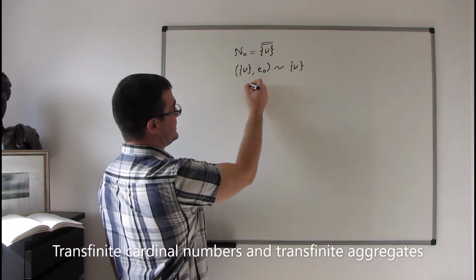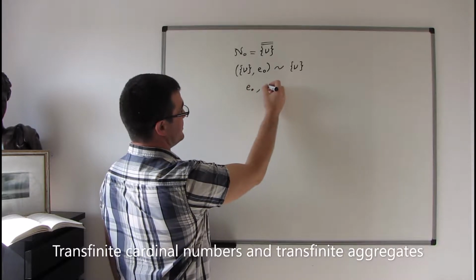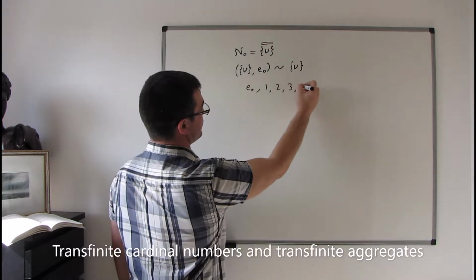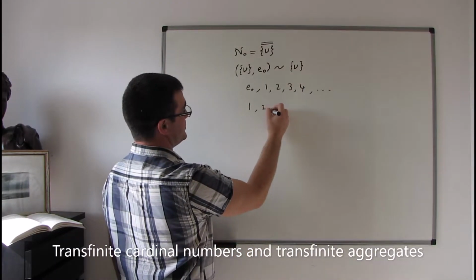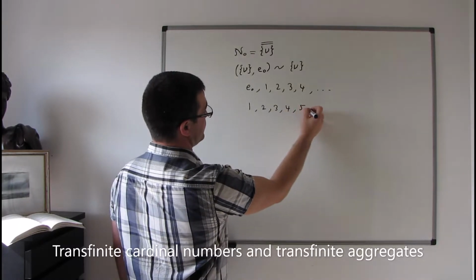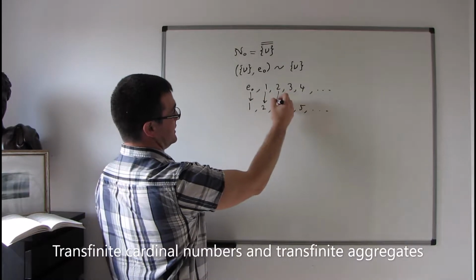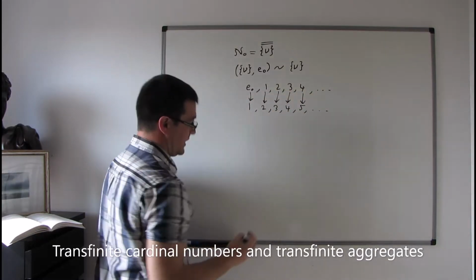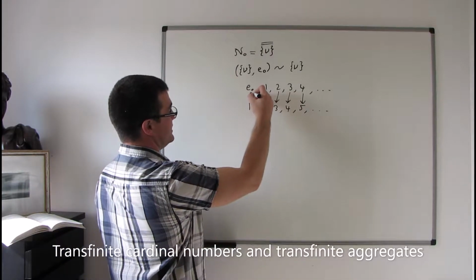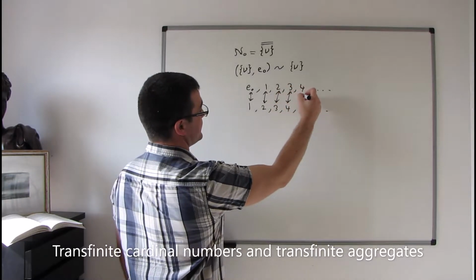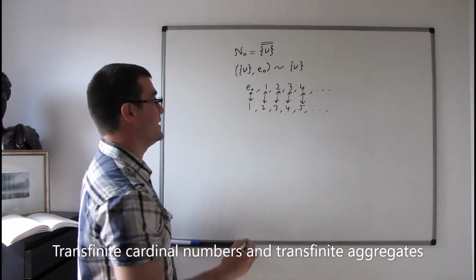So roughly speaking, if we write out the elements of this aggregate as E naught, 1, 2, 3, 4, etc., and the elements of this aggregate as 1, 2, 3, 4, 5, then we can just map the elements very easily in a one-to-one fashion. So it is a one-to-one correspondence between the two, and therefore this aggregate must be equivalent to this aggregate here.